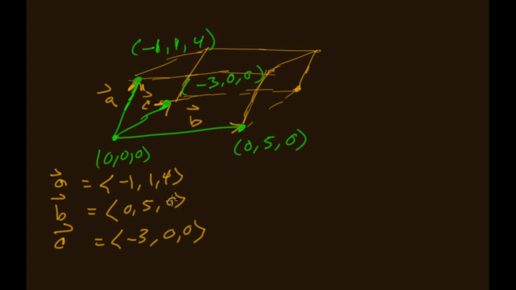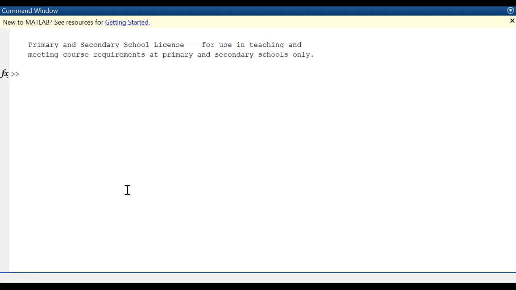We'll use MATLAB a little bit here to see how this works out. Ultimately, I want to find A dot B cross C. So I'm now in MATLAB. I'm going to put in my 3 vector values. A is going in as -1, 1, 4.